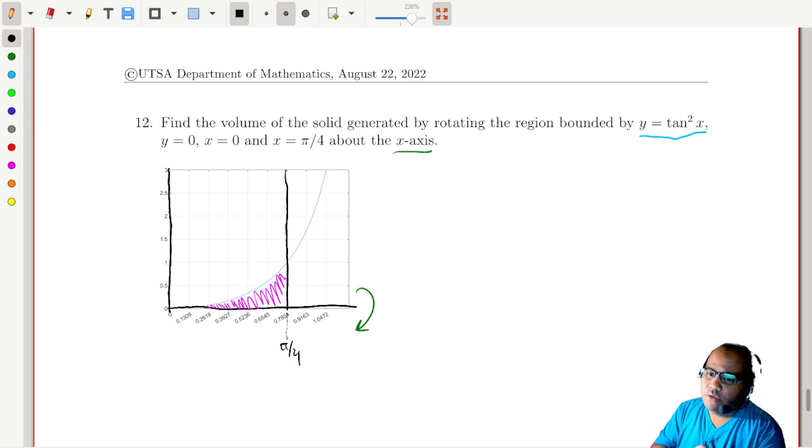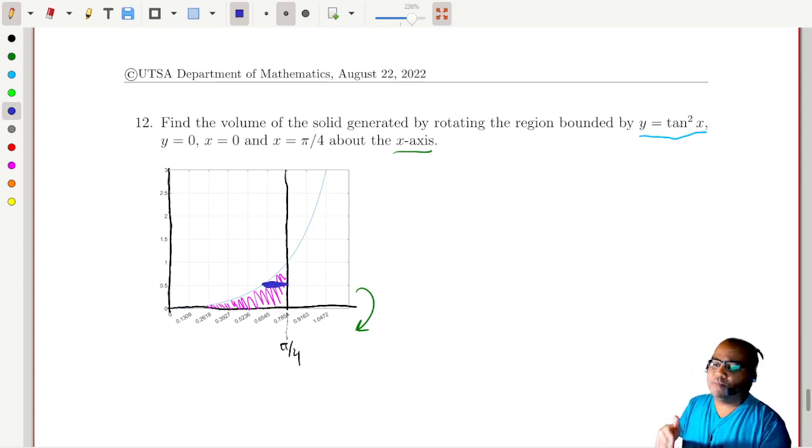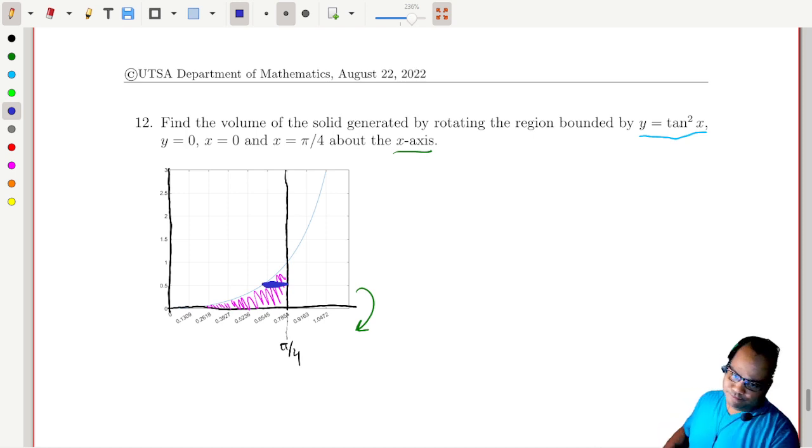Well, I'm rotating around the x-axis, so now we ask ourselves, do we want to use disks or do we want to use shells? If it were me, I'd probably want to use disks, because if I want to use shells, remember I need to slice parallel to my axis of rotation.